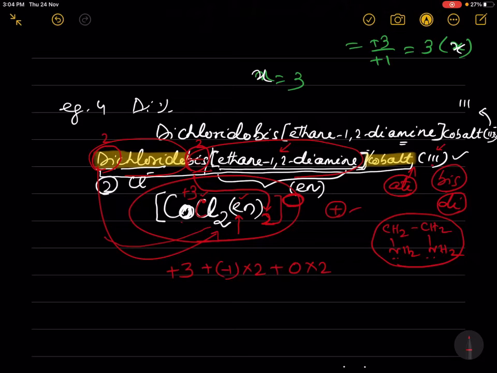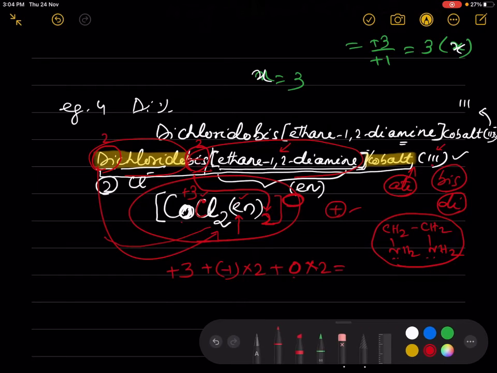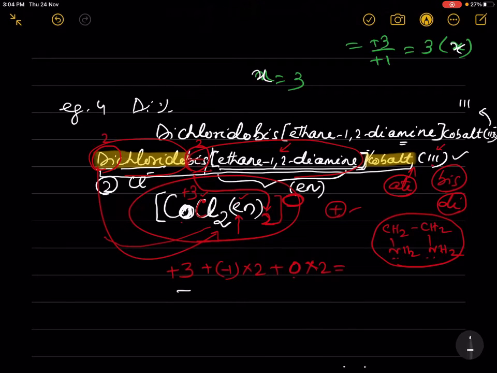That is 0 into 2, and it is how much? +3 minus 2 plus 0 is +1. So charge on it is plus, and 1 should be written before, but we don't write 1 usually, so only plus is enough.